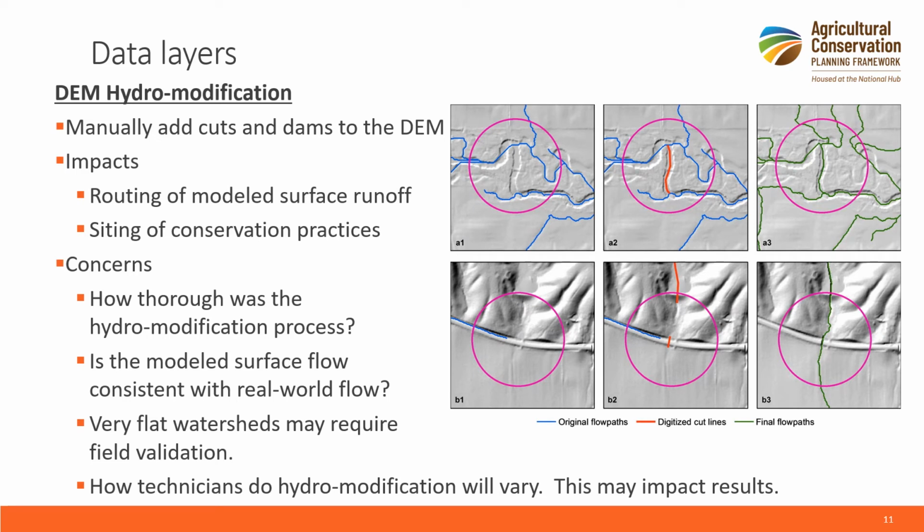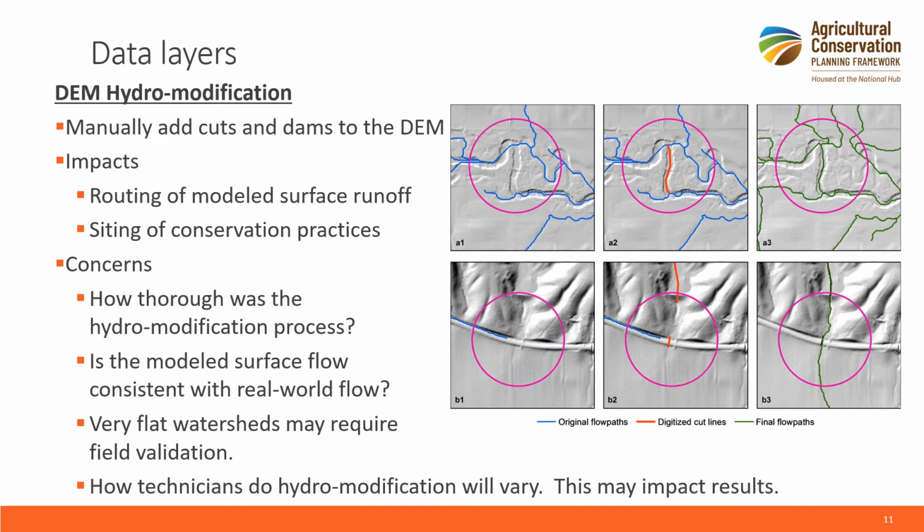It is the responsibility of the ACPF technician to create a thorough and accurate representation of the surface water drainage network. In most cases, cuts and dams can be added to the DEMs based on recent high-resolution aerial imagery. But in some very flat landscapes, it may be necessary to incorporate field-based reconnaissance to validate the presence of catch basins or drainage culverts that may impact the flow of surface runoff.